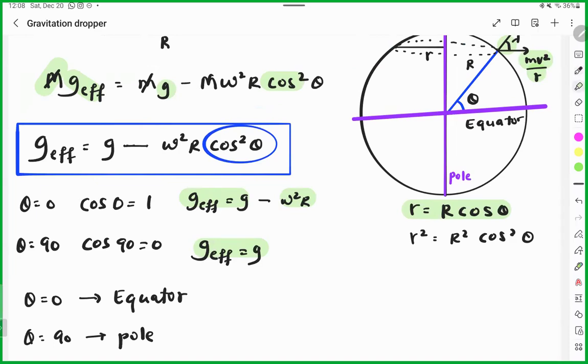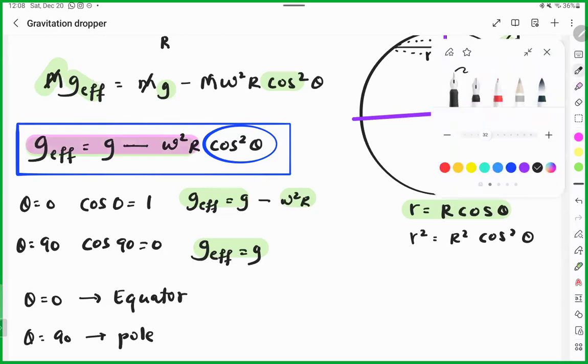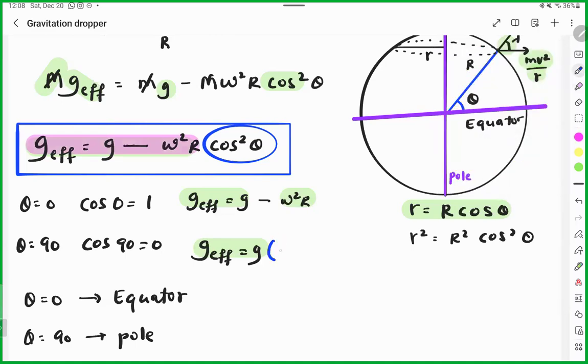Any doubt, guys? We are simply saying that gravity will be affected at the end. Gravity will be maximum in case of pole and minimum in case of equator if everything else is the same. This is pole. This is equator. Any doubt?